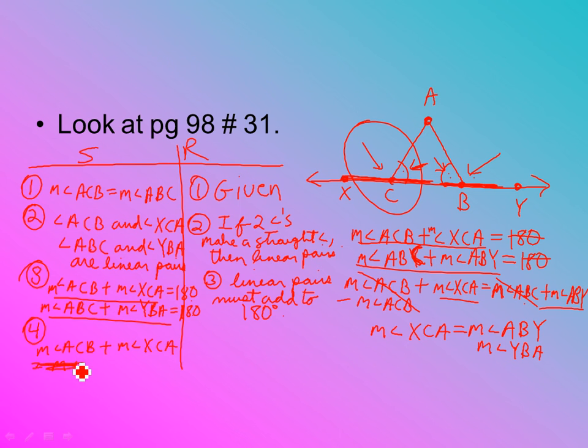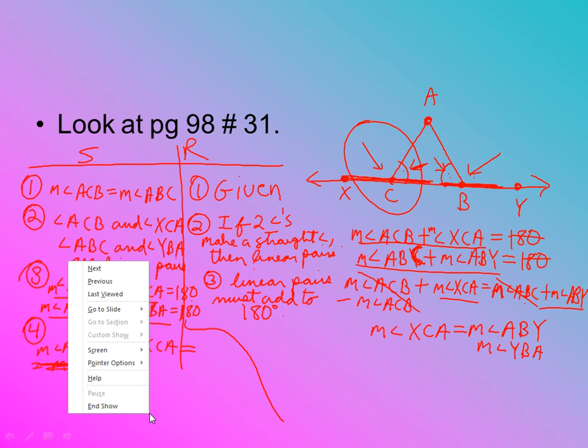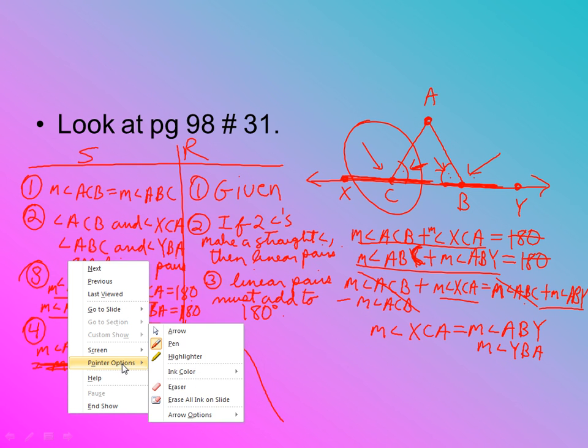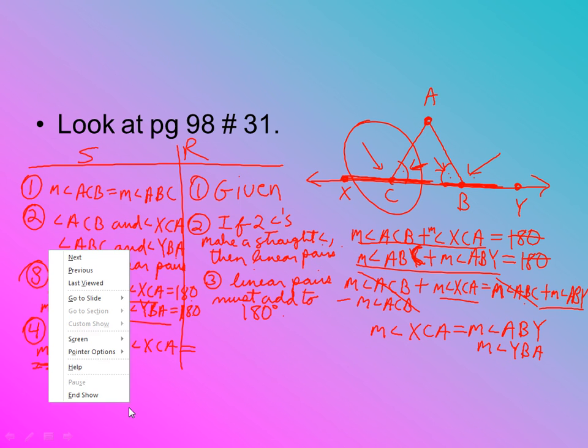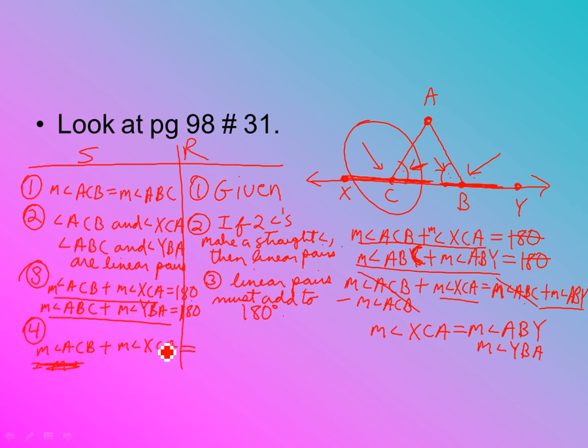I'm going to get rid of this. That must equal, I'm going to draw this on over that way. Let's erase that. Let's see, pointer options, eraser. Like this. So our line comes way out here somewhere for our statements and reasons.